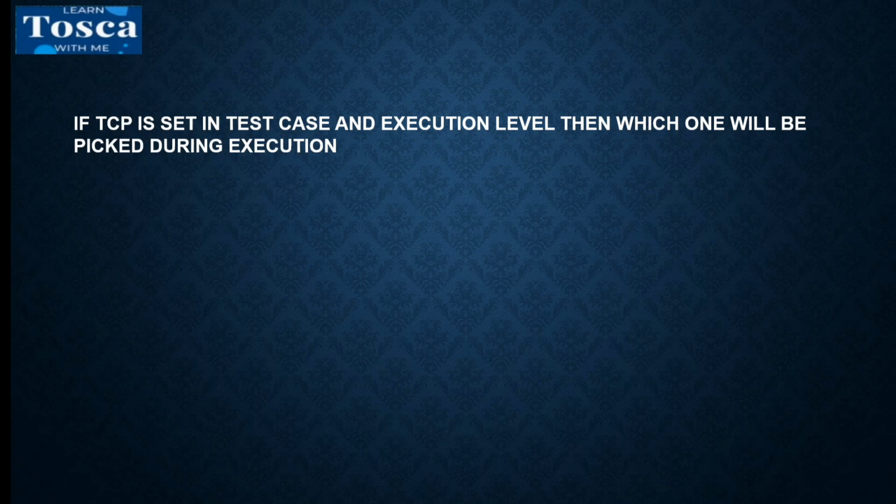In the test case level you have set the browser as Chrome, and in the execution level for the same test case the browser is set as Mozilla. So when we execute, which browser should open, Chrome or Mozilla?